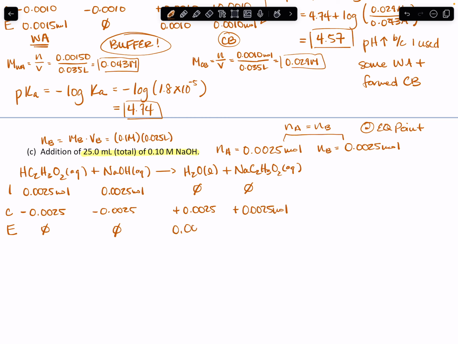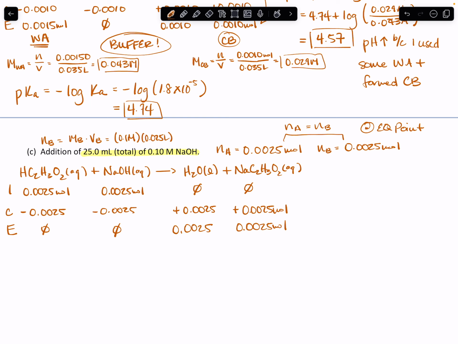So at equilibrium, we'll have added some water molecules, and we have added some sodium ions and acetate ions. Now, if the sodium acetate wasn't there, I would say the pH is 7. But in this case, if I look at that salt, the sodium ion is the conjugate acid of NaOH, the ion that forms because of the dissolution of NaOH.